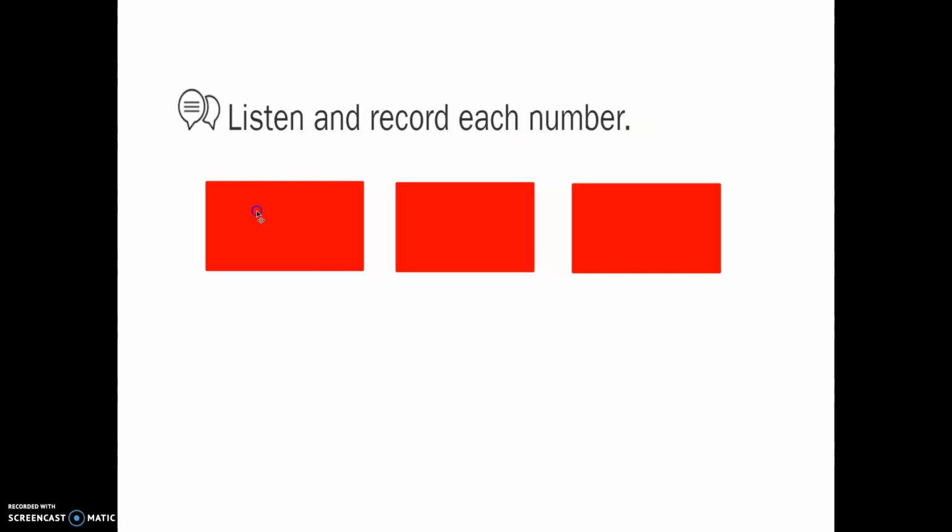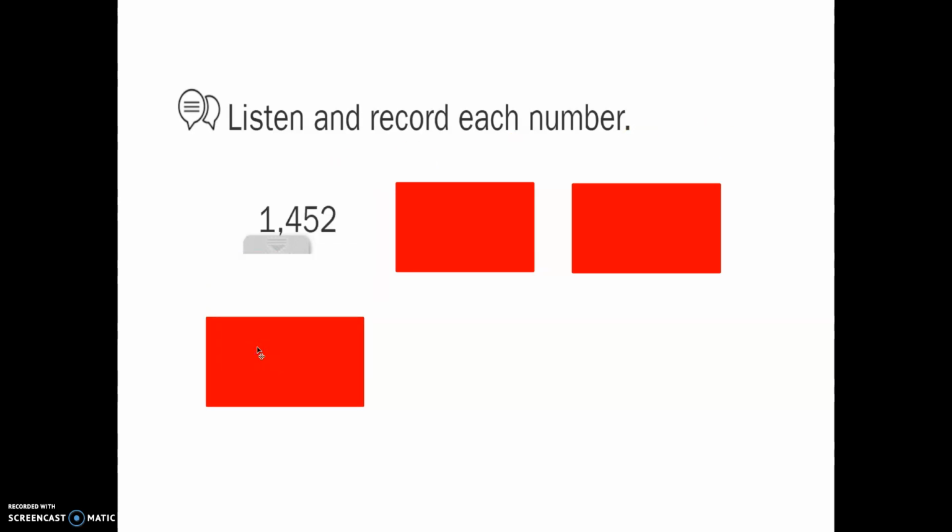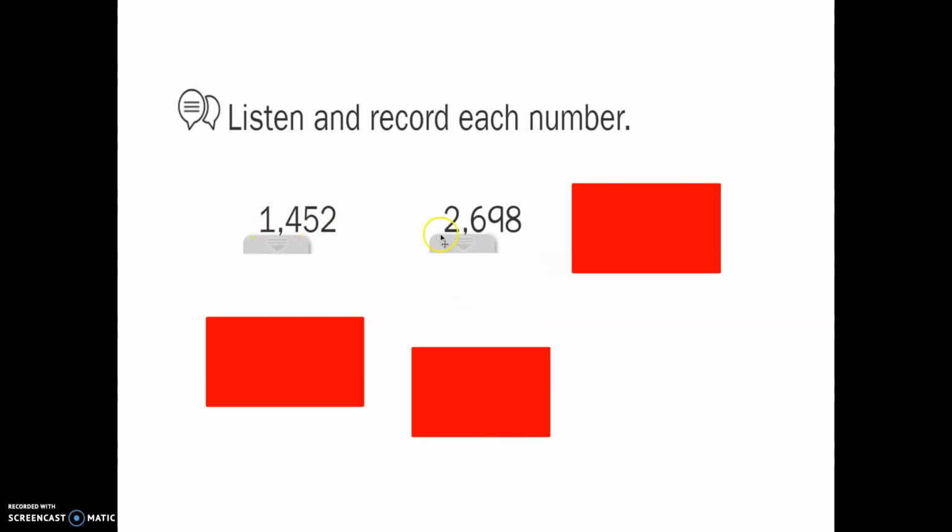So in that first number, the digit in the hundreds place is 4, and it's worth 400. The digit in the thousands place is 1. Its value is 1,000. In 2,698, the digit in the tens place is 9, and it's worth 90. The digit in the thousands place is 2, and it's worth 2,000.